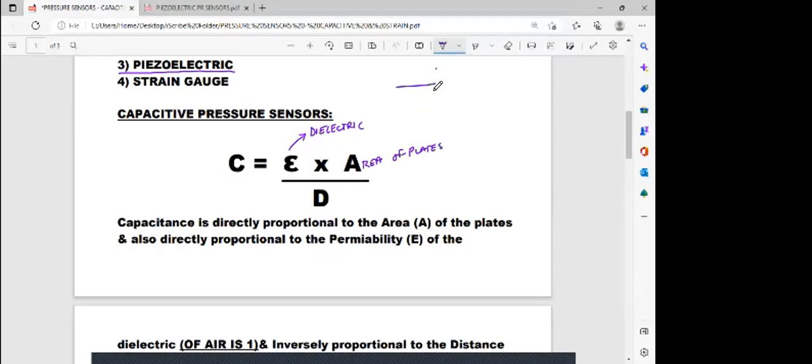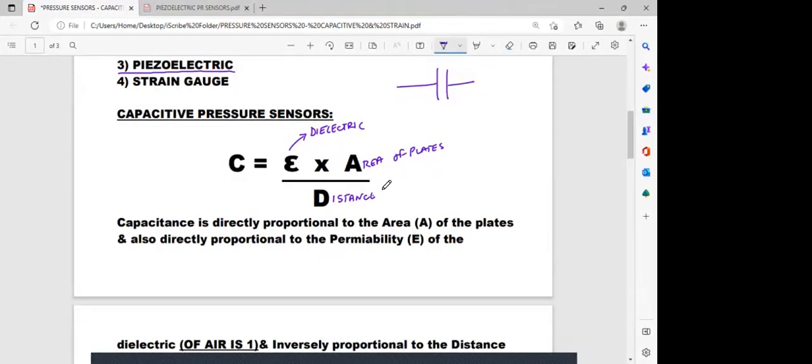Generally for a capacitor, the symbol is this. So the area of these two plates. D is the distance between the plates.